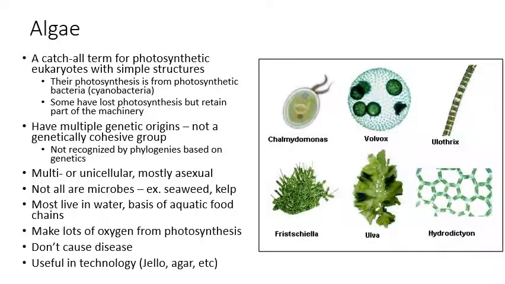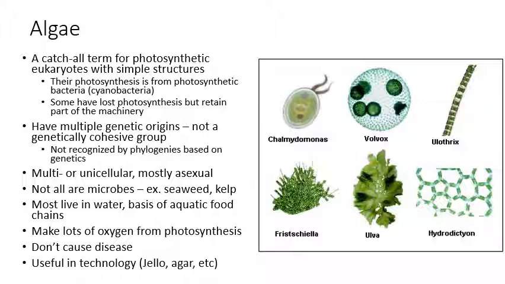Next, you have algae, which are also eukaryotes. It's another grab bag kind of classification. So in order to be an alga, you have to be a eukaryote who does photosynthesis and is simple, so not a plant, simpler than a plant. So a lot of different things qualify as algae.